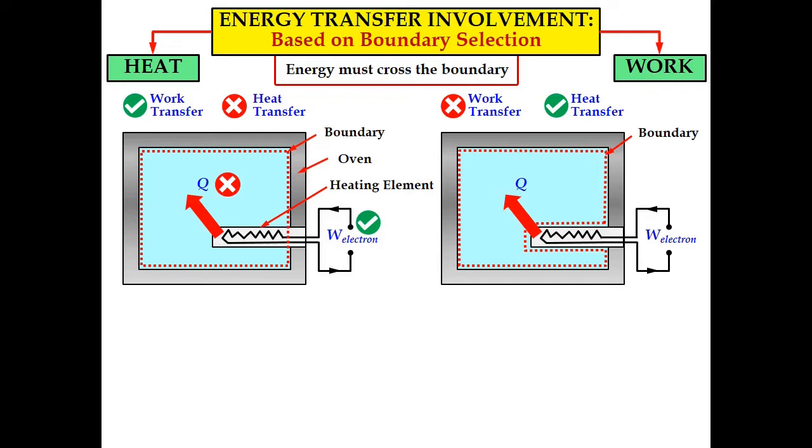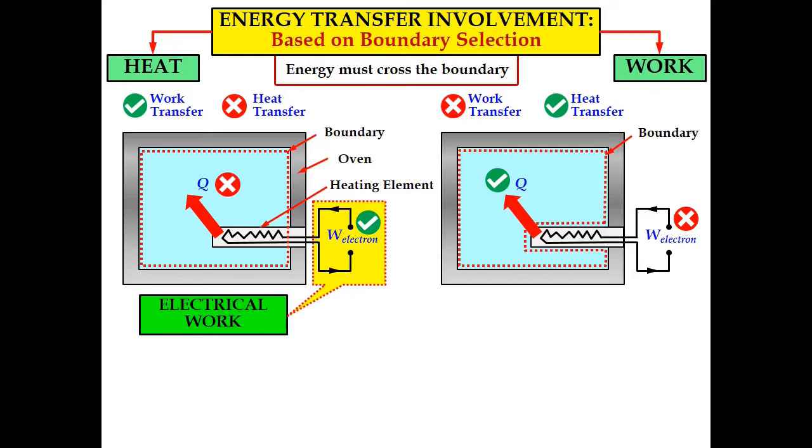The heat crosses the boundary that we chose. However, the work, which refers to the W electron or electrons inside the wire, will not cross the boundary. So we will have heat transfer Q in our system, but not W electron, or work transfer, for this case. So the selection of energy transfer in our system is based on the selection of the boundary for the system.